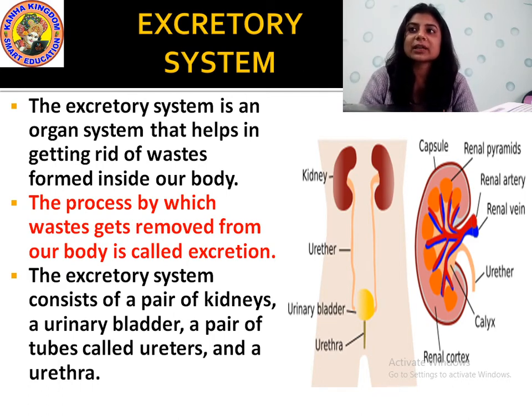What is excretory system? It is an organ system that helps in getting rid of the waste that is formed in the body, and the process by which this waste is carried out away from our body is called excretion.